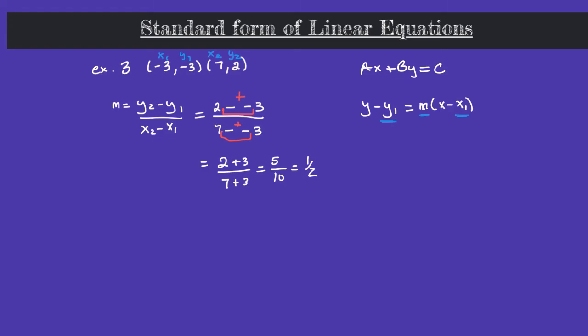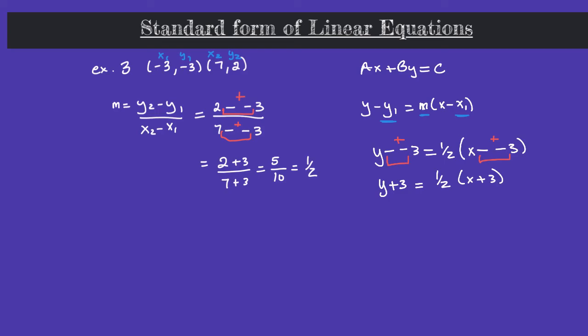So we have y minus y1, which is negative 3, is equal to m, which is 1/2, times x minus x1, which is negative 3. Keep in mind again, we have a subtraction of a negative number, which ends up becoming a positive number, or adding the number that was being subtracted. So y plus 3 is equal to 1/2 times x plus 3.